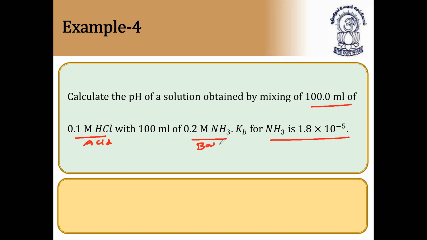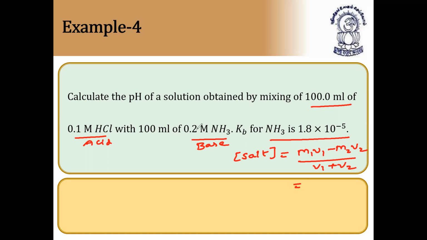So when they are given acid and base, first of all we need to calculate the concentration of salt. Concentration of salt is equal to M1V1 minus M2V2 by V1 plus V2. M1V1 is 100 into 0.1, that is 10. 100 into 0.2, that is 20.